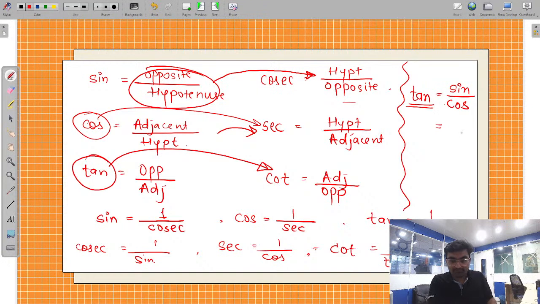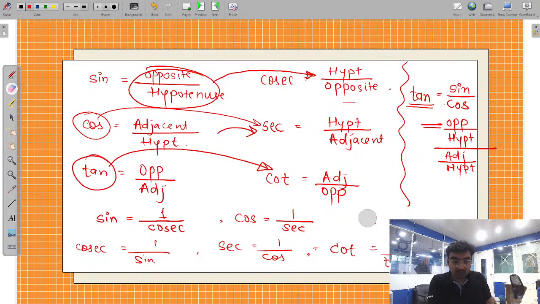Now let's see. If I write the value of sine, it is opposite upon hypotenuse, upon cos, which is adjacent upon hypotenuse, right? For that, let's think about a little maths.